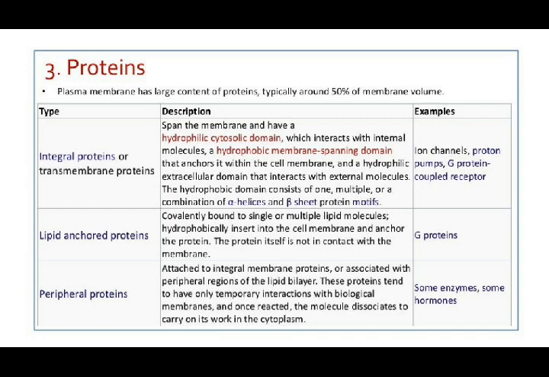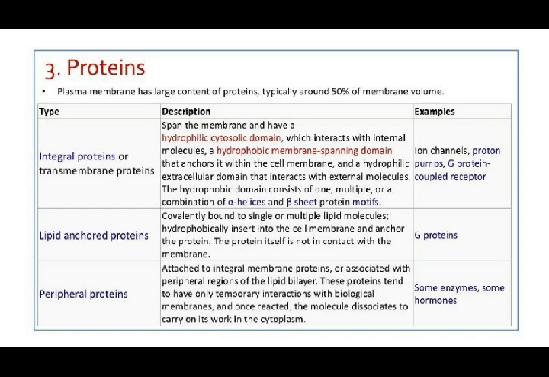The hydrophobic domain consists of one or multiple alpha helices or beta sheets. Examples of integral proteins are ion channel proteins, pumps, and G protein coupled receptors.